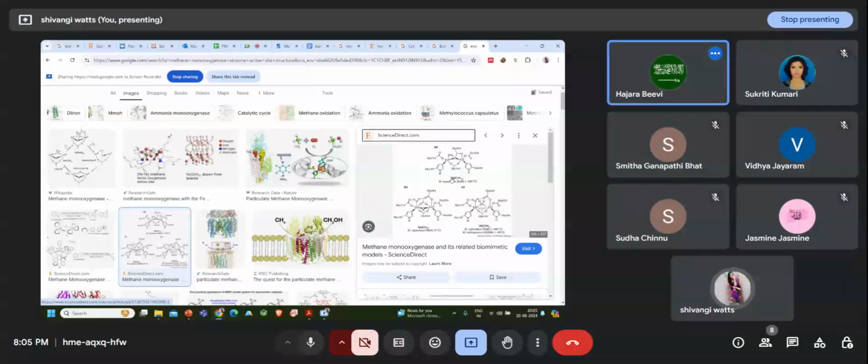One iron is bonded to histidine nitrogen and glutamate oxygen: two histidines, two glutamates. You can see this structure, right? Yes.